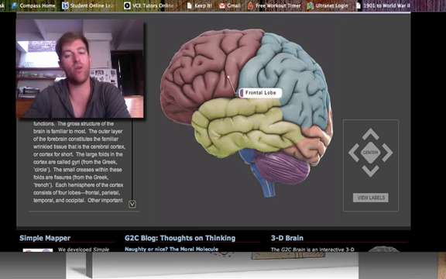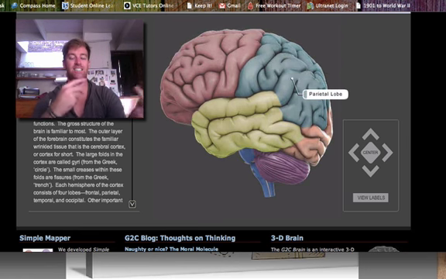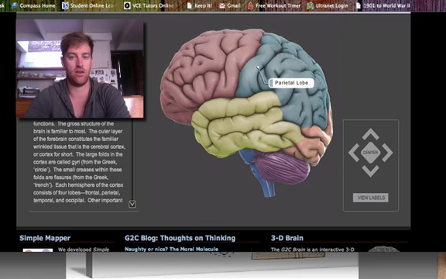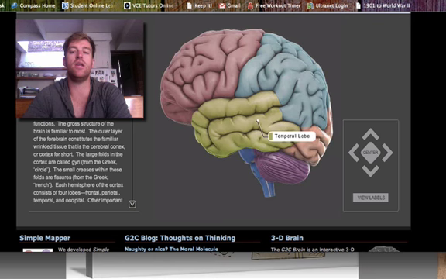Then you've got the parietal, senses, sensing information, touch, and all those kinds of things, with the primary somatosensory cortex. Occipital lobe, eyes, all you need to know, really, basically. Temporal lobe, memory, and a bit of vision, but hearing and language.